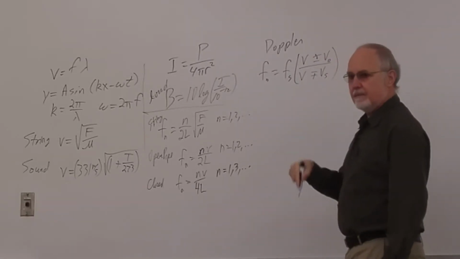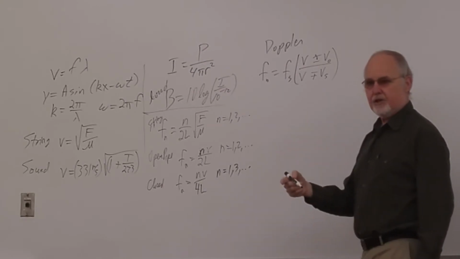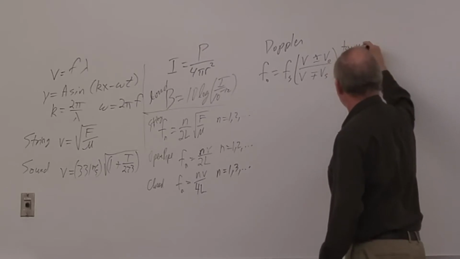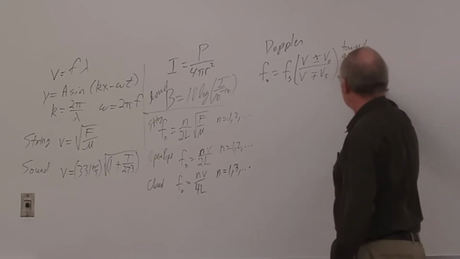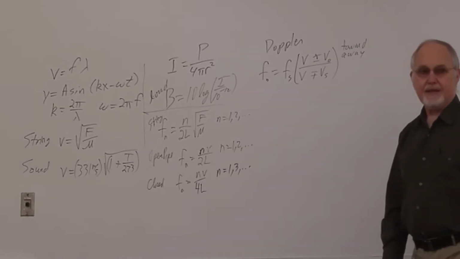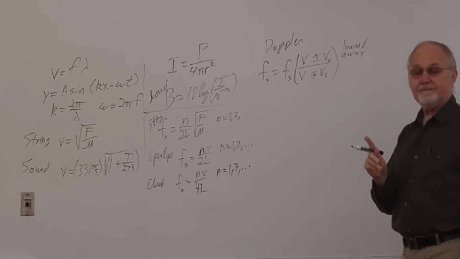If the observer is going toward the location of the source, then we use the plus sign. If the observer is going away from where the source is located, then we use the minus sign. Just think of the vector direction for that.